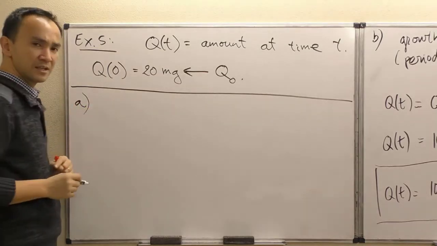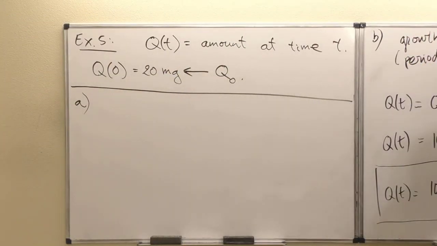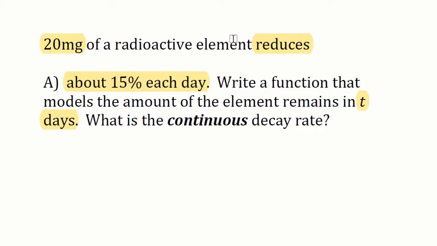For part A, we're looking one more time at the worded instruction of the problem. The element reduces about 15% each day, and we want to write a function that models the amount of elements. Once again, it's a rate, and this is going to work very similarly to the earlier exponential growth problem.